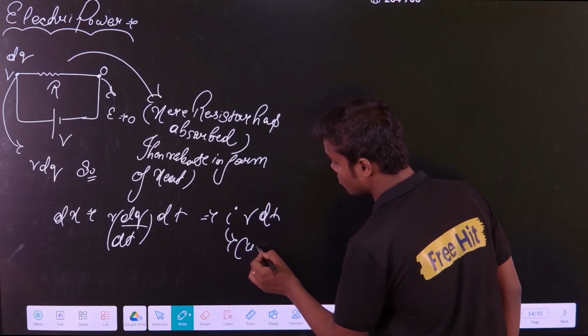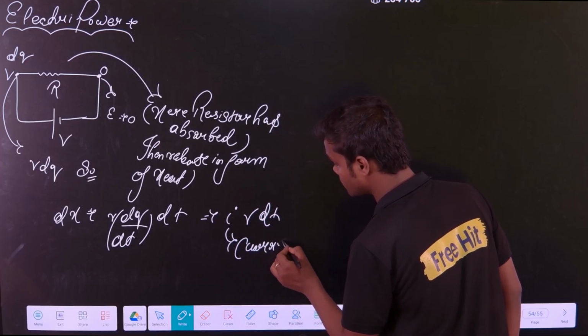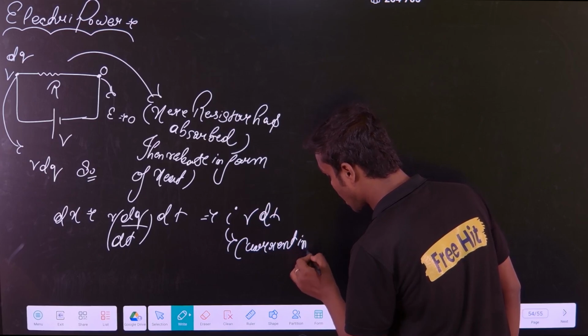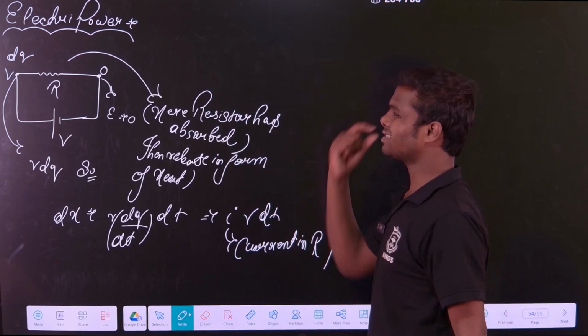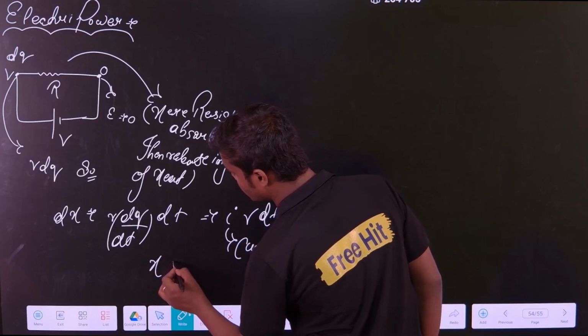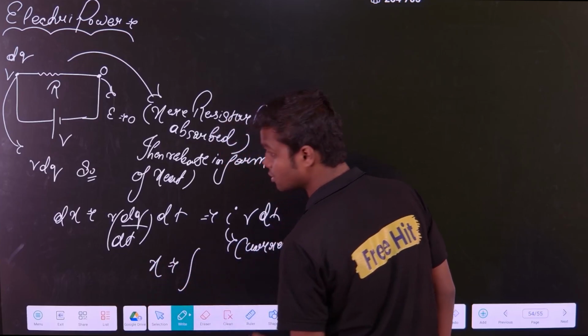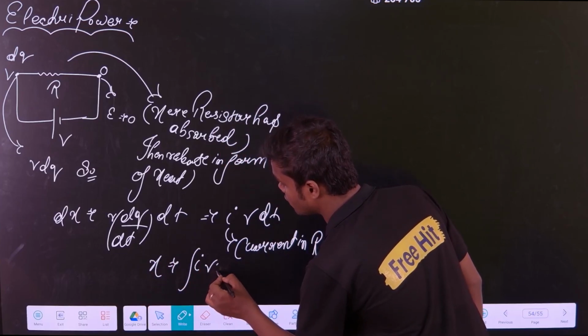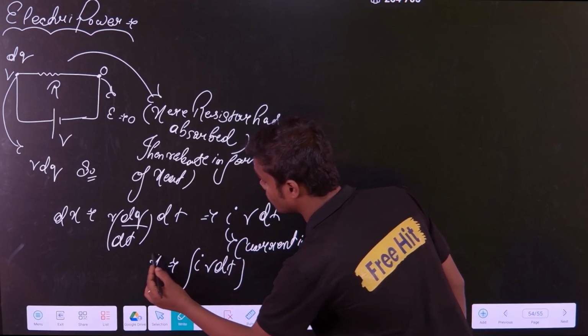Remember, this is not a normal current, it is the current in the resistance R. So the heat H is equal to the integration of I V dt.